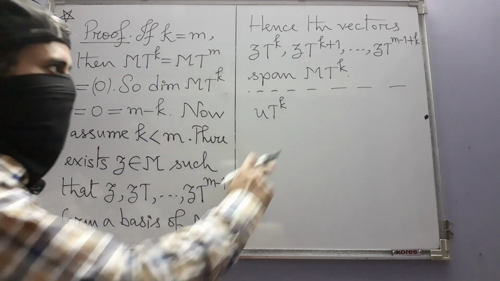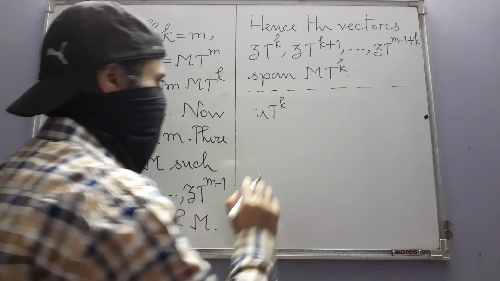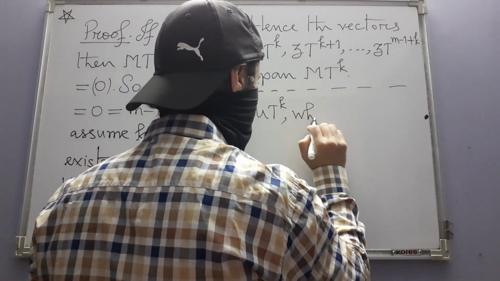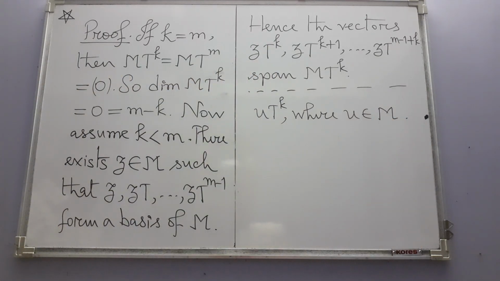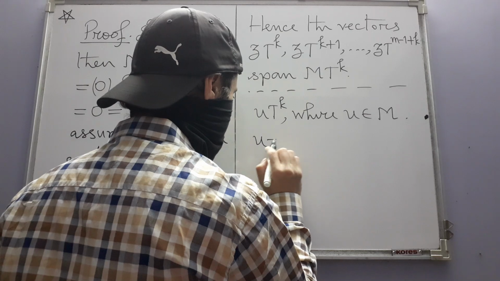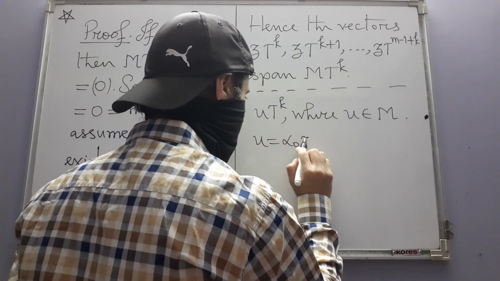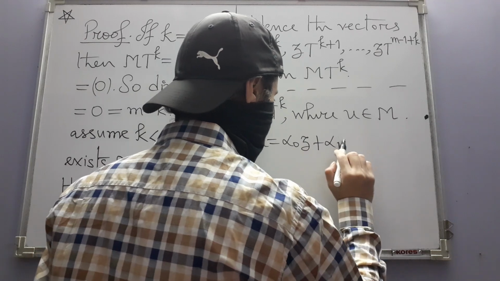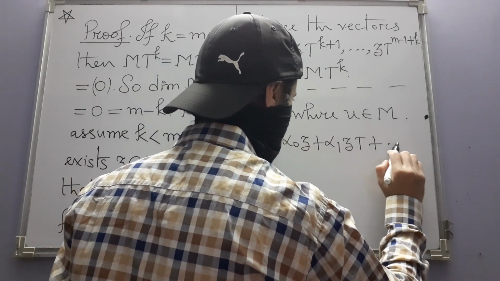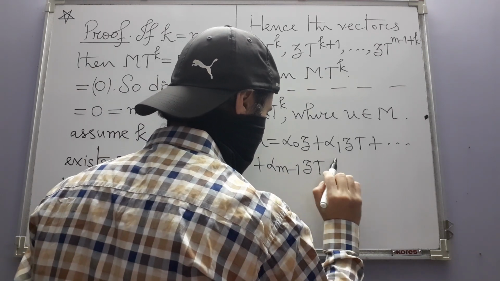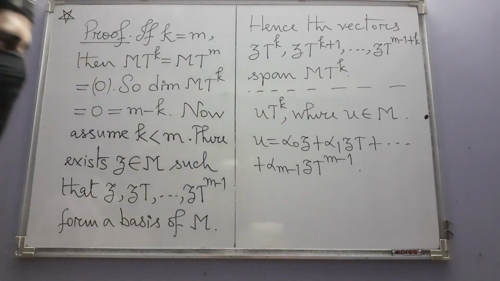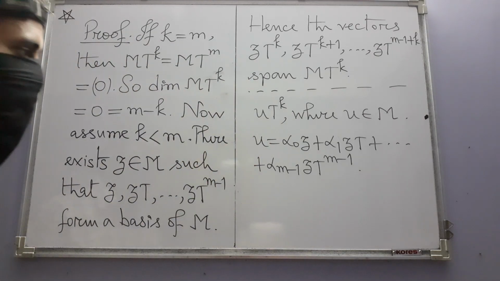That's how a general vector in this image is going to look, where u belongs to M. Now u belongs to M and these vectors form a basis of M, so u will be a linear combination of these vectors, and that's why u will look like this: alpha 1 z T plus up to alpha m minus 1 z T to the power m minus 1 for some scalars alpha i.